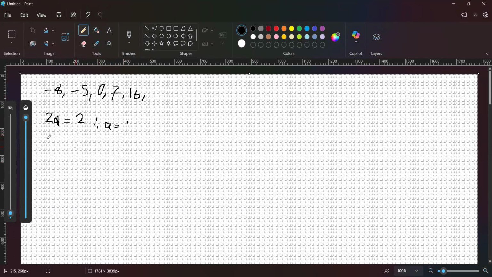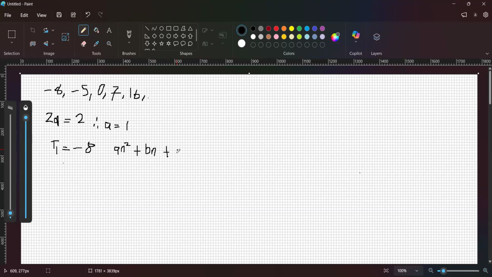All right, so let's continue. So now A is equal to 1, and that means that where you have T1 equals -8, and this is our general formula: an squared plus bn plus c.